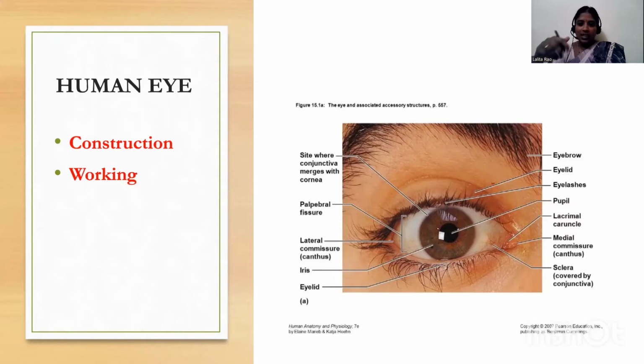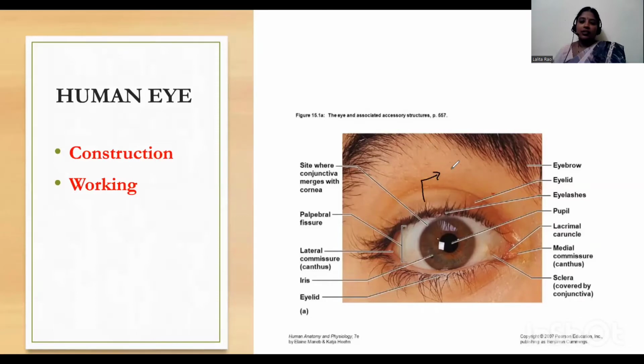As you can see here in this image, the eye has many parts, right? This is that naturally occurring device which is known as the eye. So the eye is basically a naturally occurring optical device.